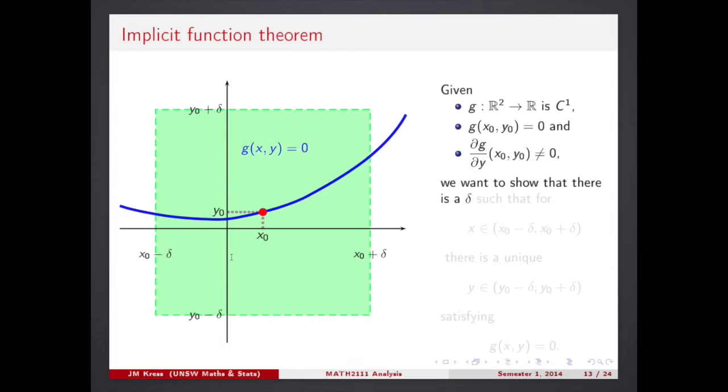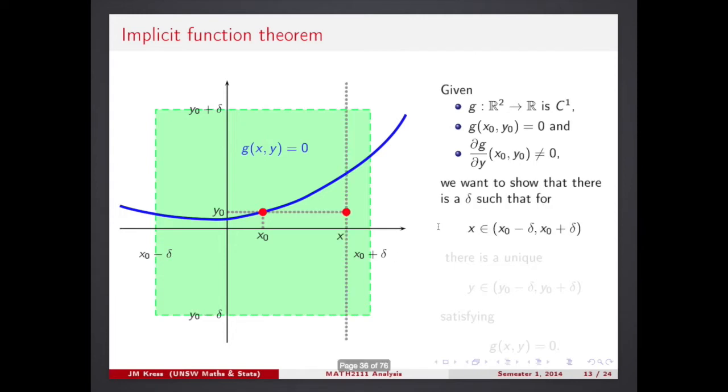We want to show that there is a delta. So now I give you the formal statement, that we can solve it locally. I need to convince you that there is a delta and a box of size delta around the point. You see this is a red point in the middle, exactly in the center of my box. The size of the box is, well, double delta as a matter of fact. Delta units to the left, delta units to the right, delta units above and delta units below.